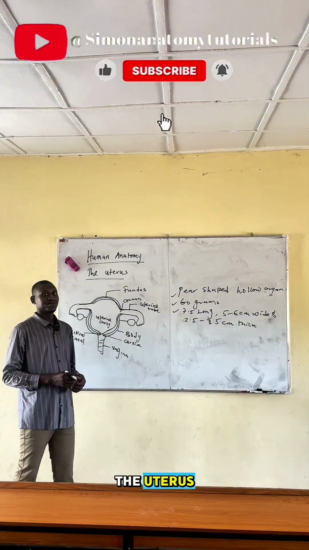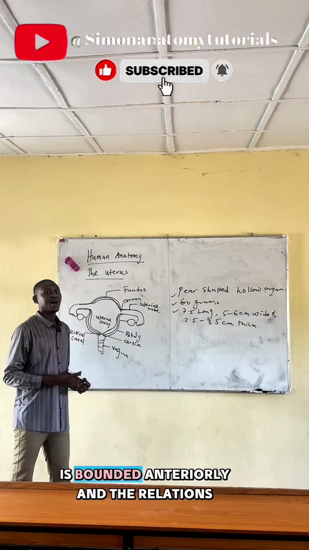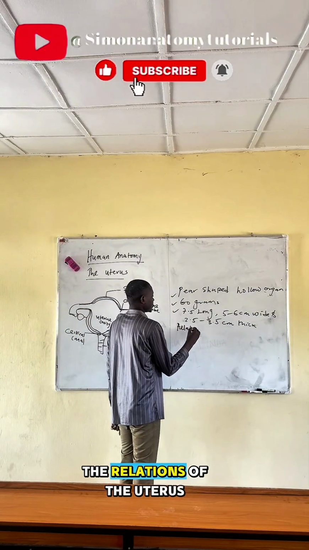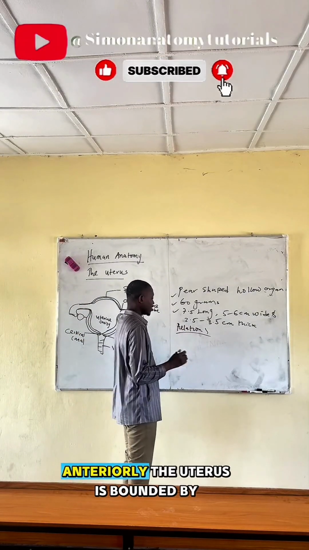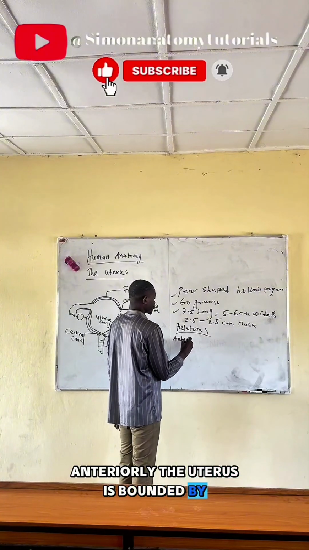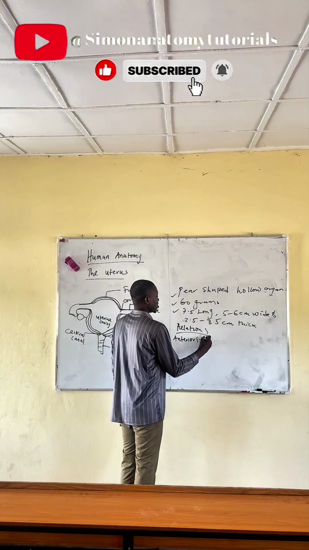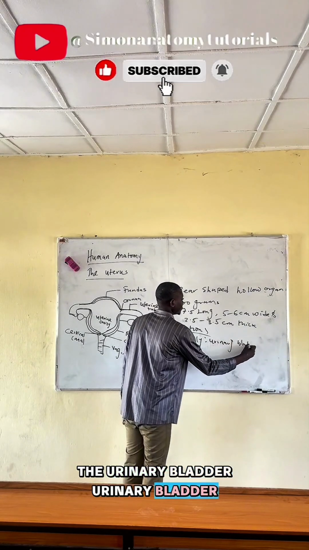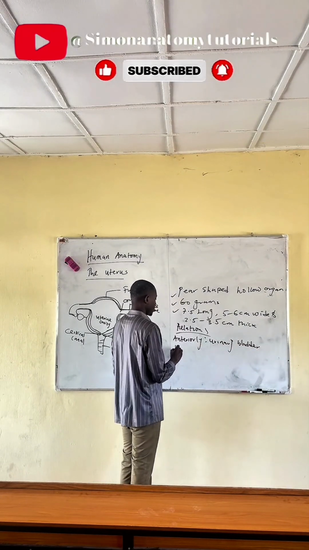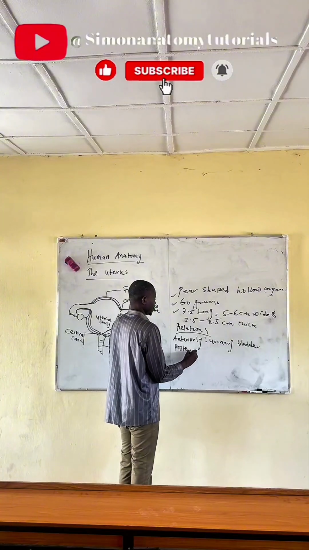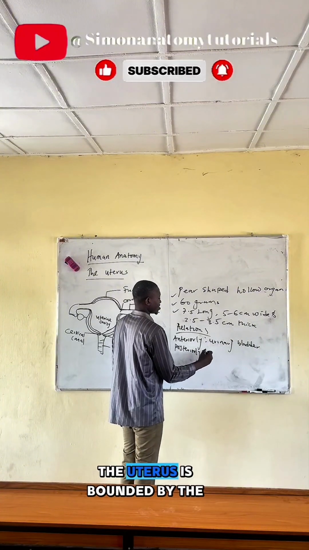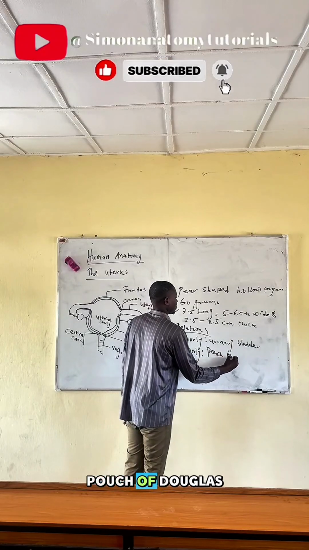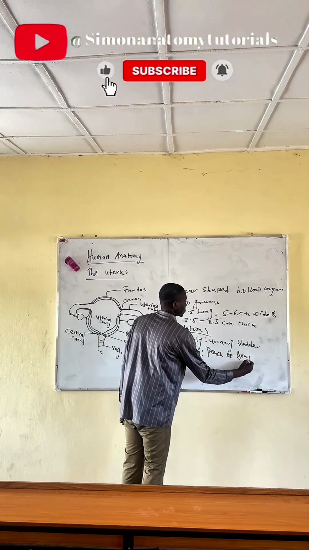Now, the relations of the uterus. Anteriorly, the uterus is bounded by the urinary bladder. Posteriorly, the uterus is bounded by the pouch of Douglas.